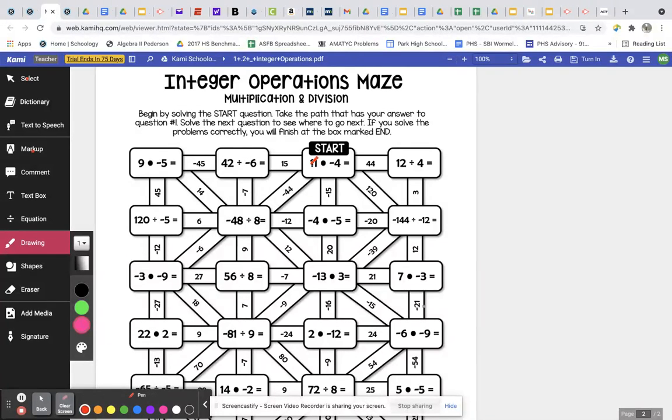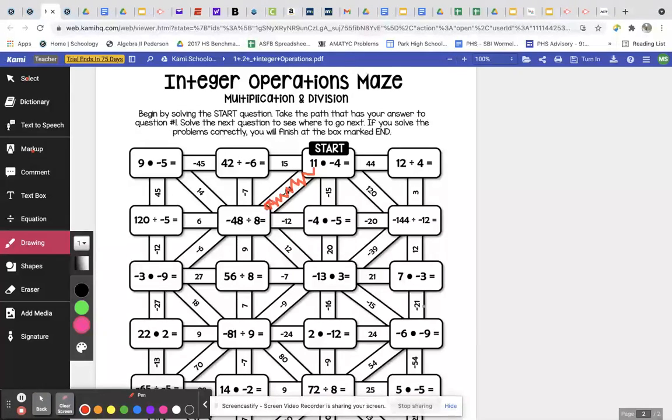So we'll start here at 11 times a negative 4. 11 times a negative 4 is not 44. It's not 120, and it's not negative 15 or positive 15. It's negative 44, and we're just going to squiggle or highlight and go down there.